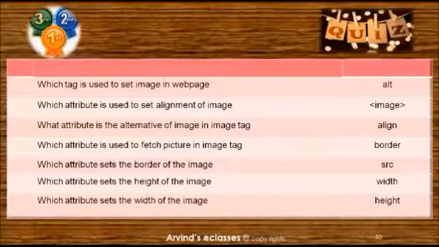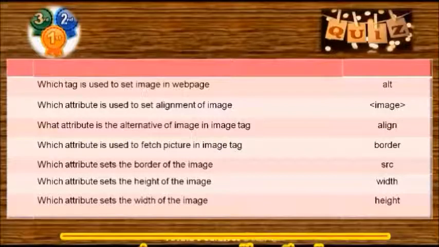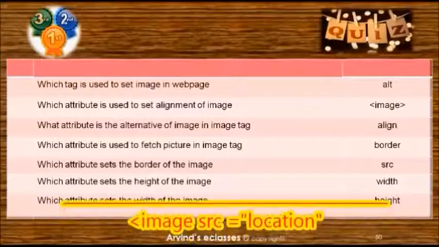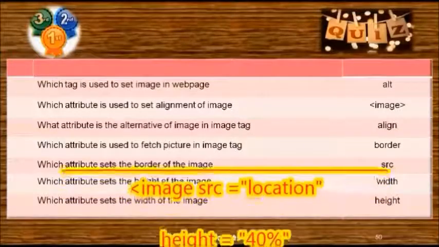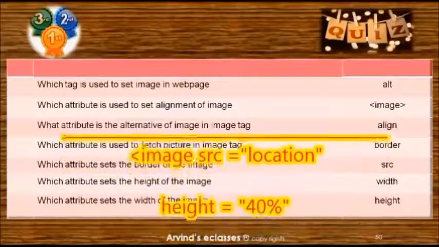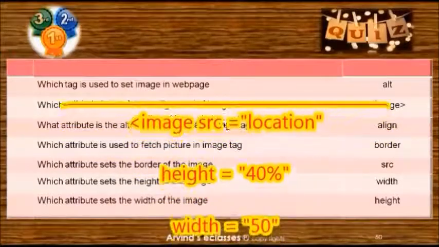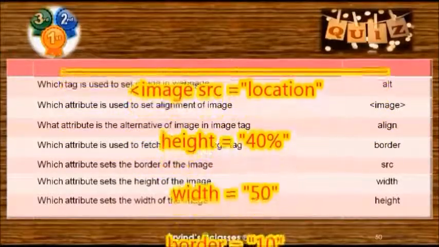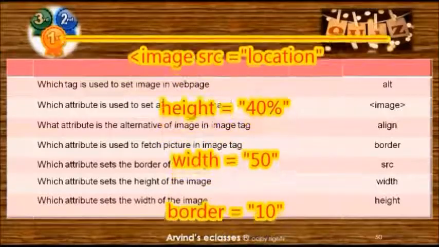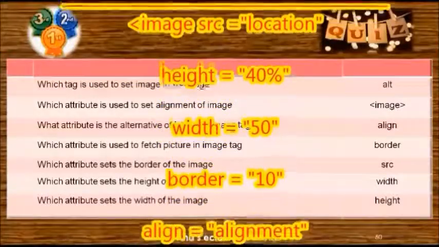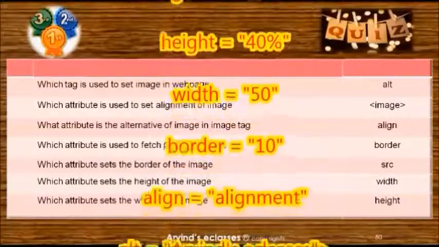First we discussed your image tag, and it has 6 attributes. First one is your source, that sets the path of your image. Next is your border, it sets the frame of your image, and next one is your height, that sets the height of your image. Width, it sets the width of your image.